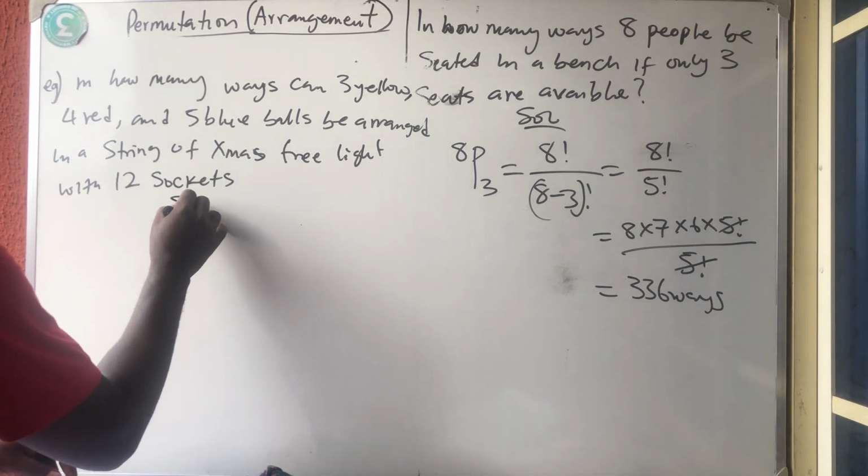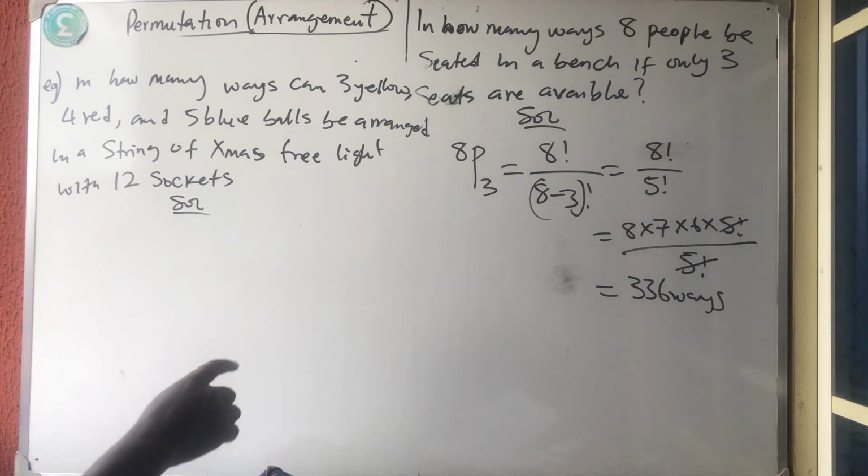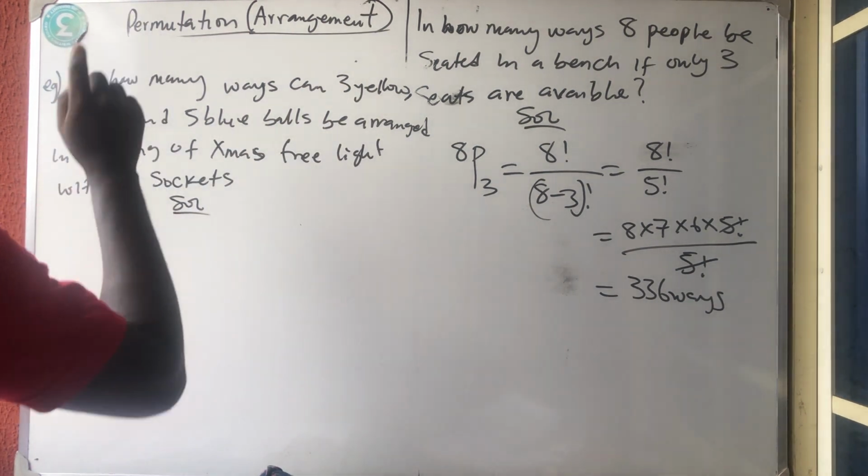Okay, solution. Now you see we have 12 sockets to arrange 3 different things, and those 3 different things are what? 3 yellow, 4 red, and 5 blue.